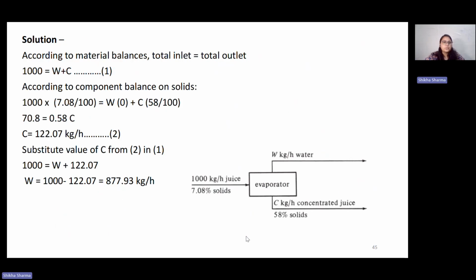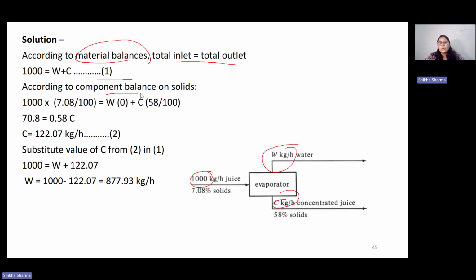Okay, let's solve this question. So when we are doing here the material balance, so it will be total inlet equals to total outlet. So total inlet is 1000 is equals to W plus this C. That is equation 1.